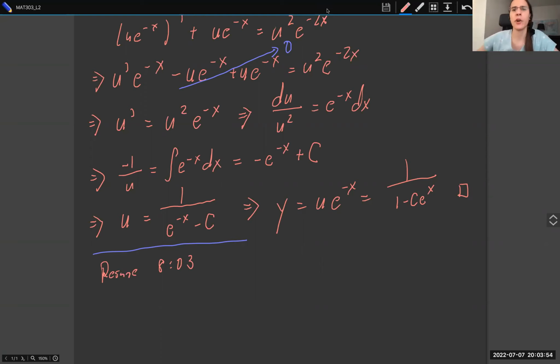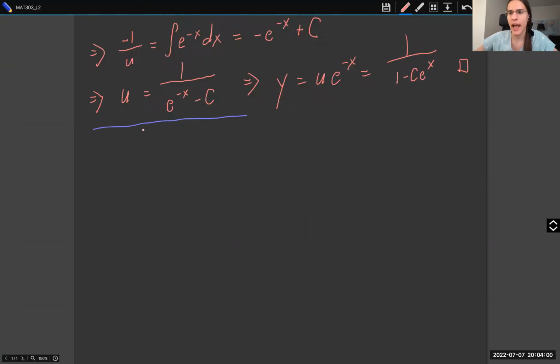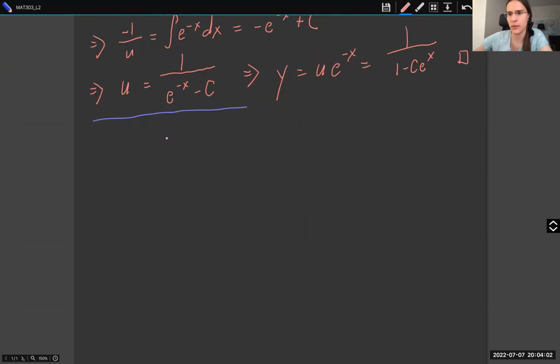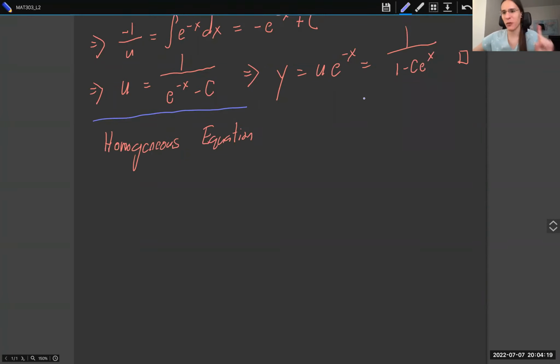So now we're going to talk about one last class of special first order differential equations. And the name of this class is going to be super confusing. It's called a homogeneous equation. And this, of course, is distinct from a homogeneous linear differential equation.